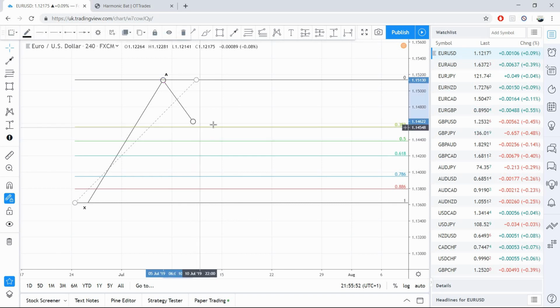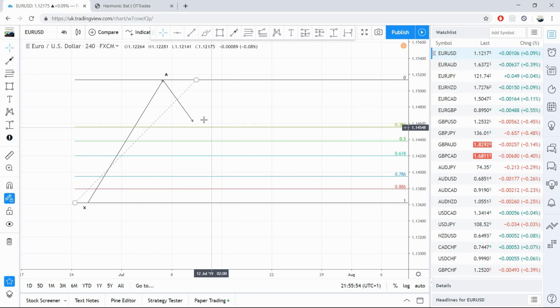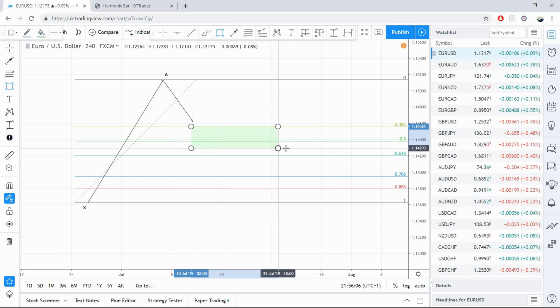It's got to come at least past this 382 level. Now the wick can exceed this 382 and price can close above it. So as long as price exceeds this 382 level, we are valid. And it's got to come, in this instance, higher.